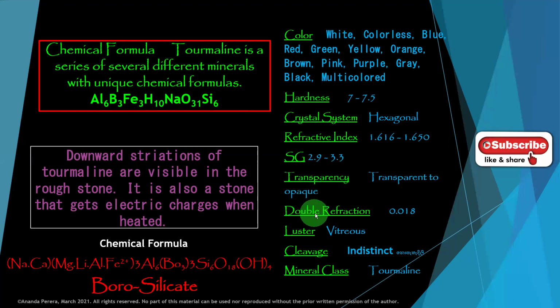Double refraction is there, 0.018 the difference. Luster is vitreous, glass-like. Cleavage indistinct, not clear very well. Mineral class is tourmaline class. So it is a borosilicate mineral.